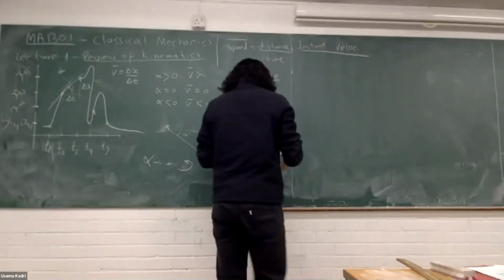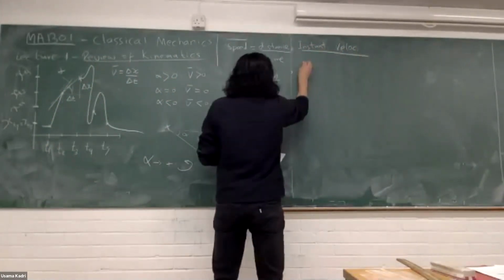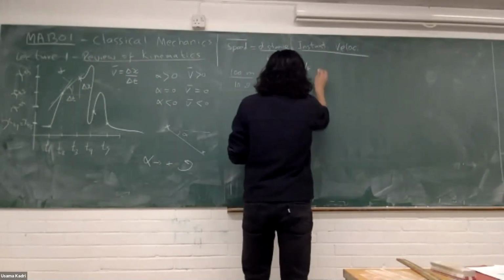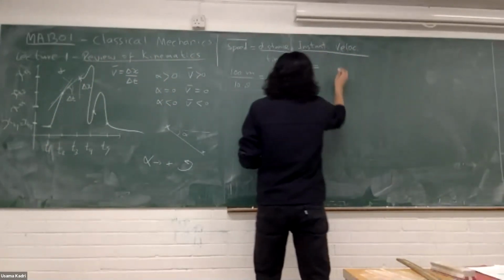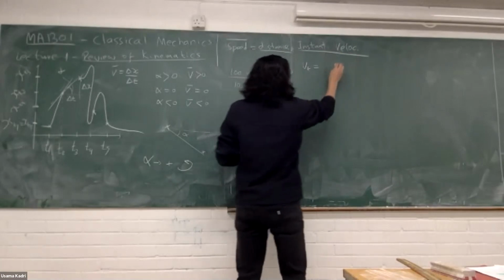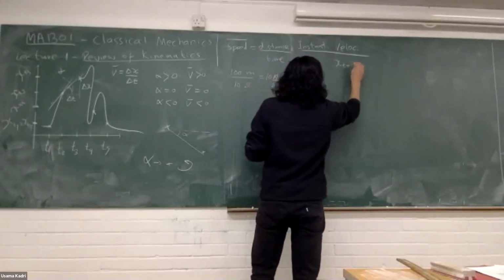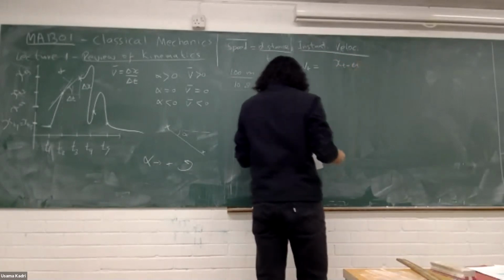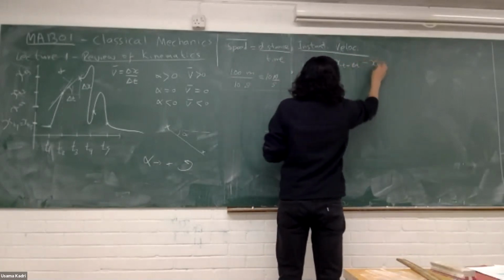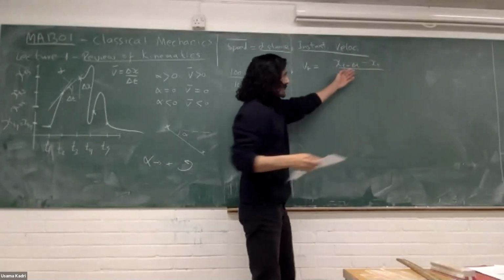Instantaneous velocity. So v of t at any time would be, we're going to make it general now, x at t plus some delta t minus x at t.